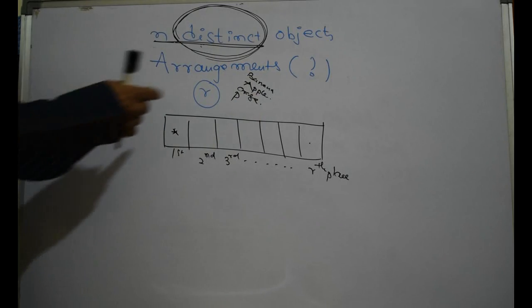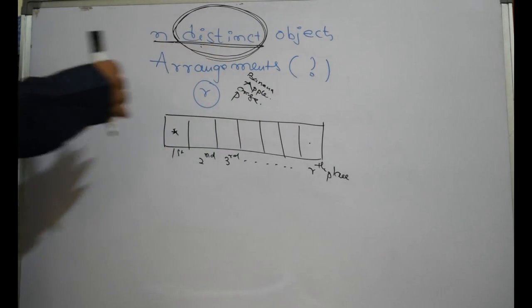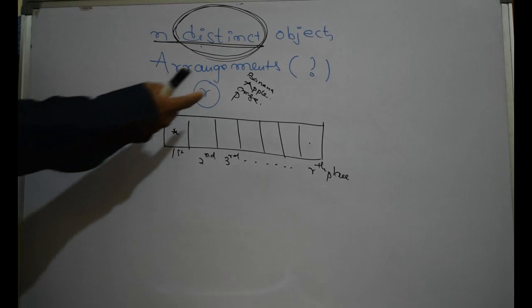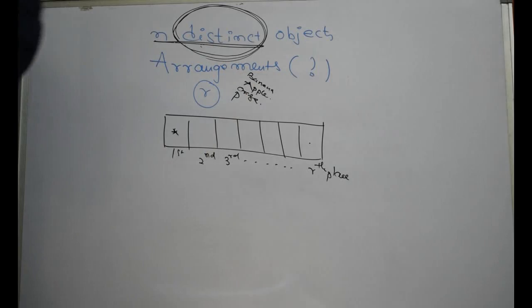Out of these 4 fruits, we have to arrange 1 fruit in the first place. How many choices do we have? You may use banana, or apple, or orange, or pomegranate.